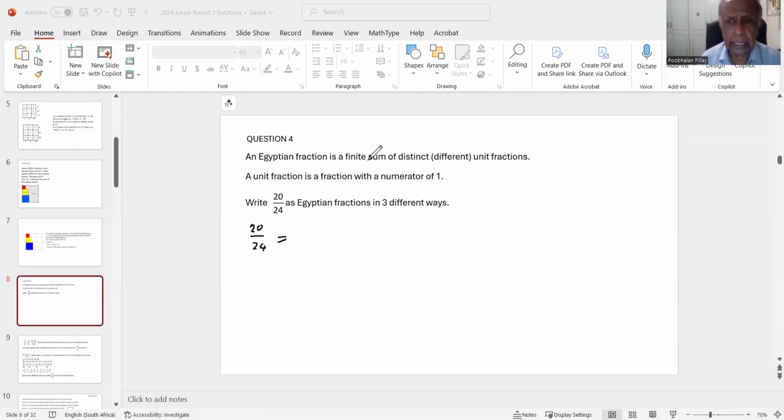An Egyptian fraction is a sum of unit fractions, and a unit fraction has numerator 1. So it's a sum of fractions like this. We don't know how many there are. But if it's a sum of only 2 such fractions, then you will have 20 over 24 is equal to 1 over a1 plus 1 over a2.